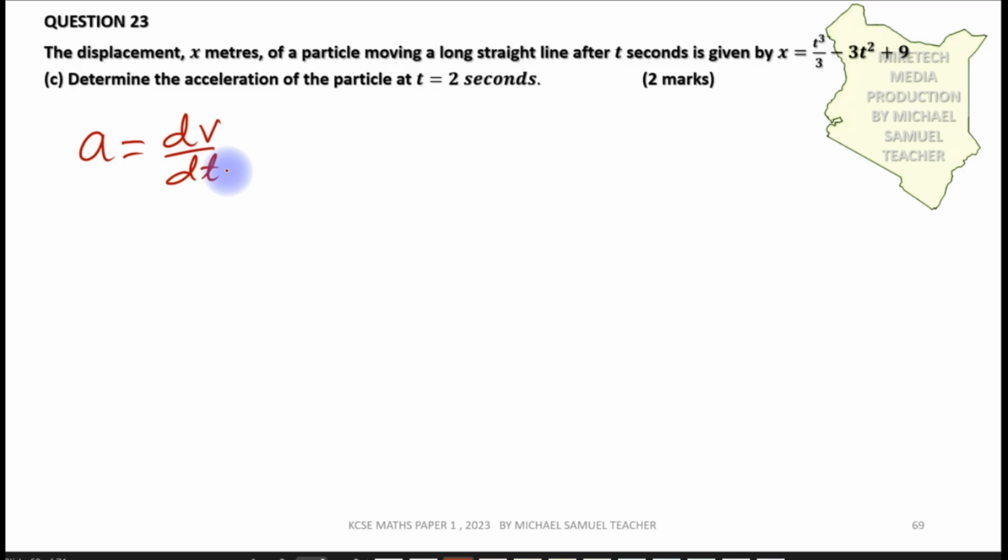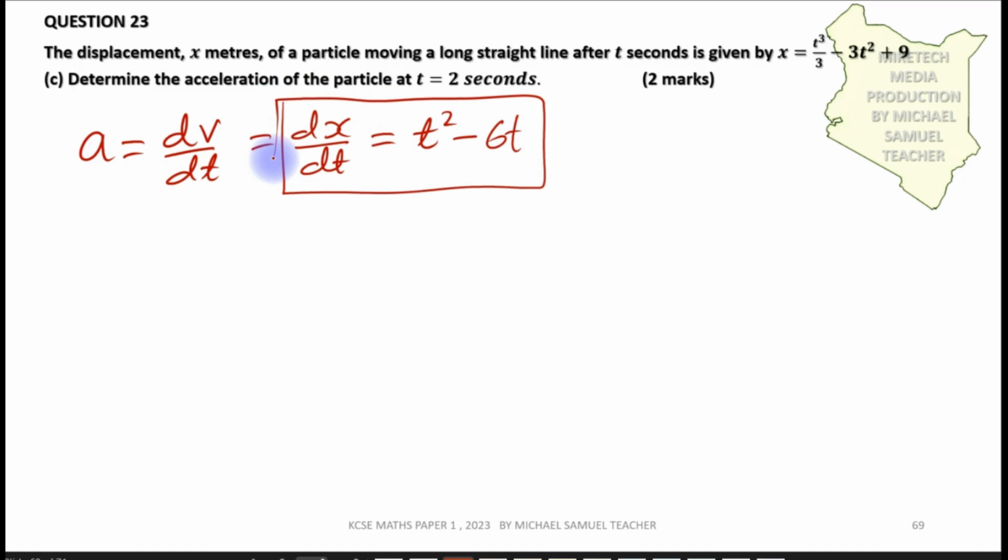But remember, we had dx/dt, which was t squared minus 6t. So now we need to differentiate it again so that we get this value.